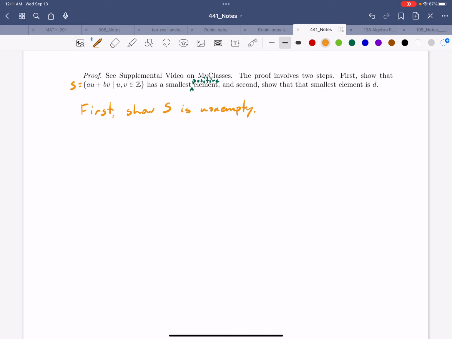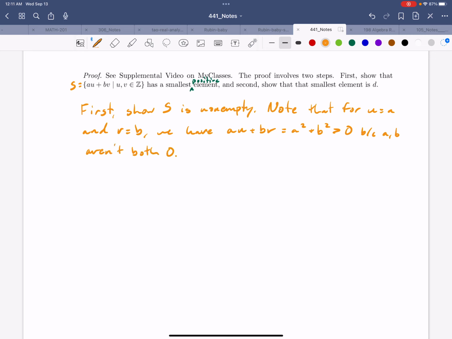Well, the way we do that is note that if you let u equal a and v equal b, we have au plus bv equals a squared plus b squared, which is strictly greater than 0 because a and b aren't both 0, right?